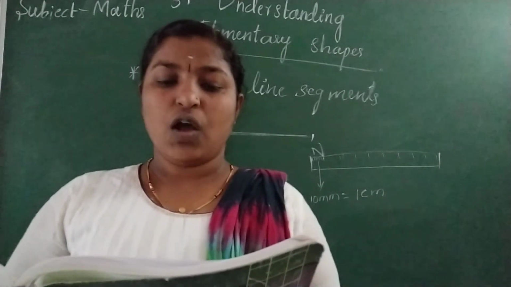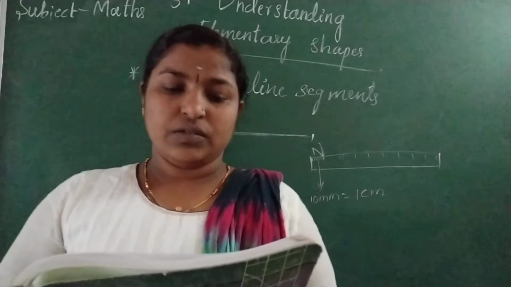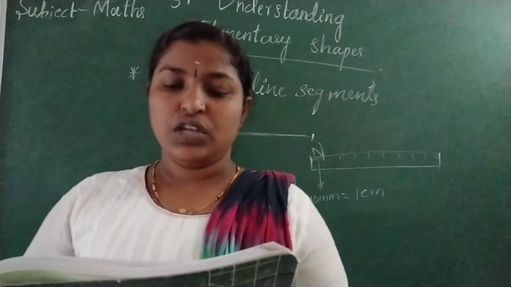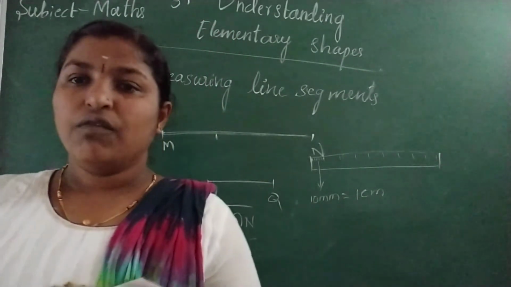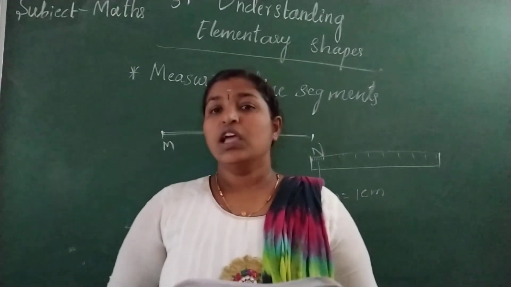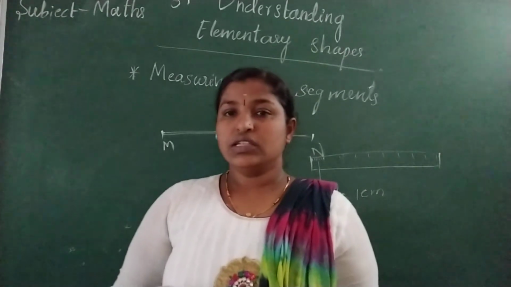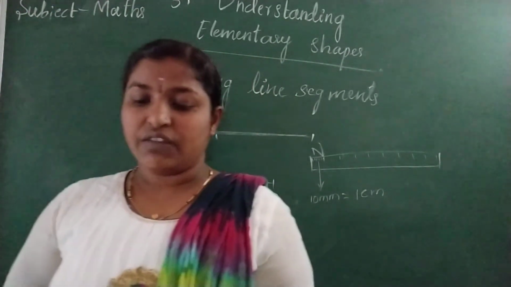How can one avoid it? Positioning errors. Wrong eye position, correct eye position, wrong eye position. So after keeping the ruler, the eye position for viewing is also very important. If it is incorrect eye position, you will get errors in measurement. So they will tell us to use the divider.